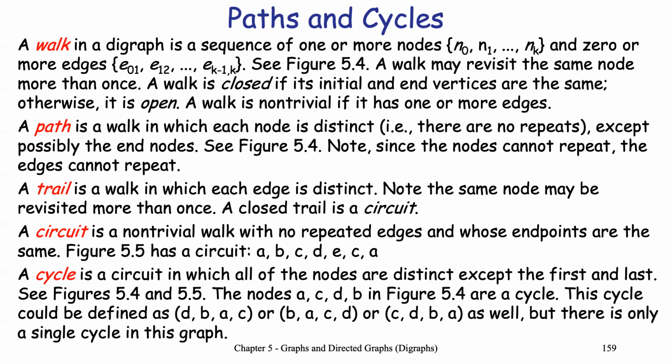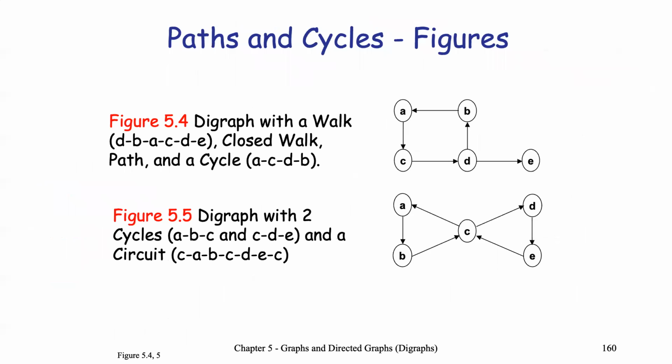A walk is closed if its initial and final vertices are the same. A path is a walk in which each node is distinct. A trail is a walk in which each edge is distinct. A circuit is a non-trivial walk with no repeated edges. And a cycle is a circuit in which all the nodes are distinct except the first and the last. So you traverse back to the same point where you started from.